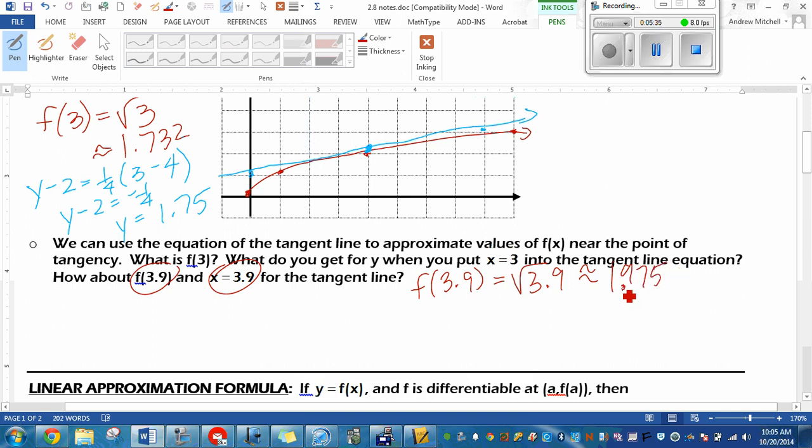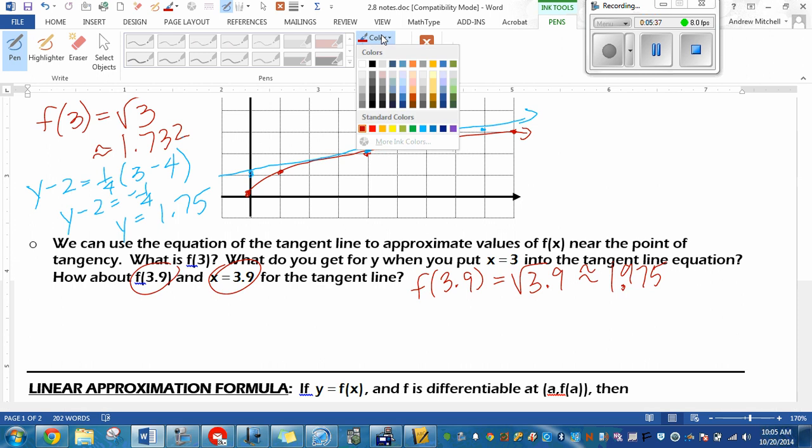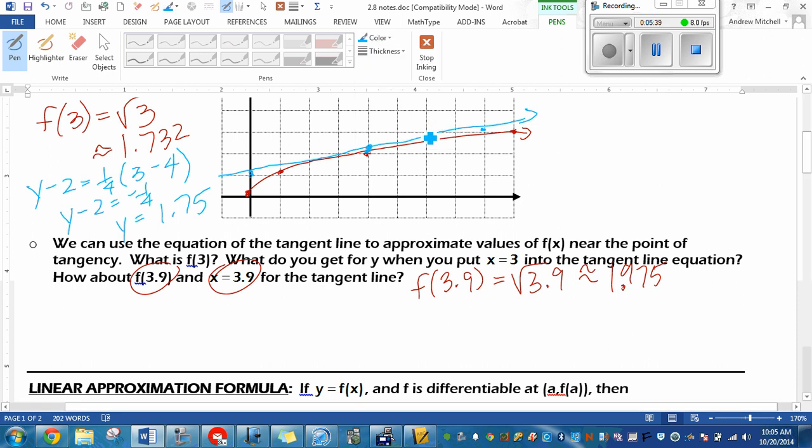Well, let's see what we get when we put 3.9 into that tangent line. y minus 2 equals 1/4 times 3.9 minus 4. So if we subtract here, we get negative 0.1, which is the same as negative 1/10. So we have 1/4 times negative 1/10, which is negative 1/40.